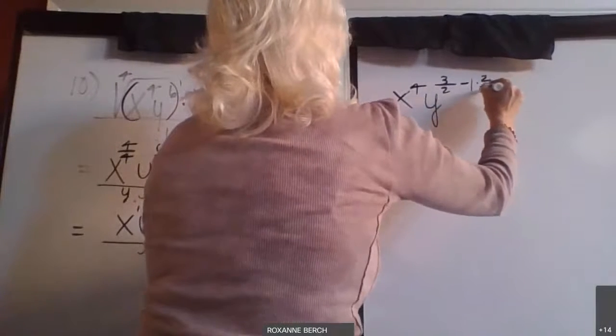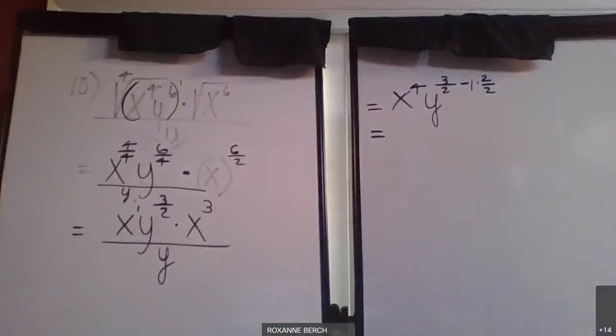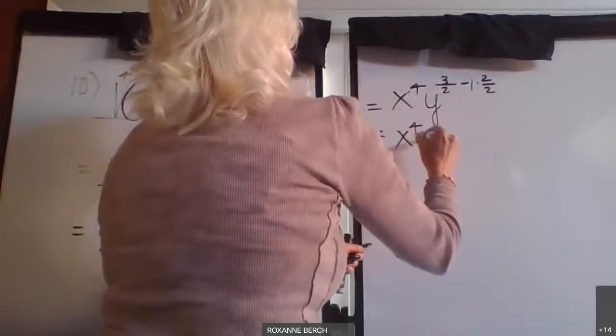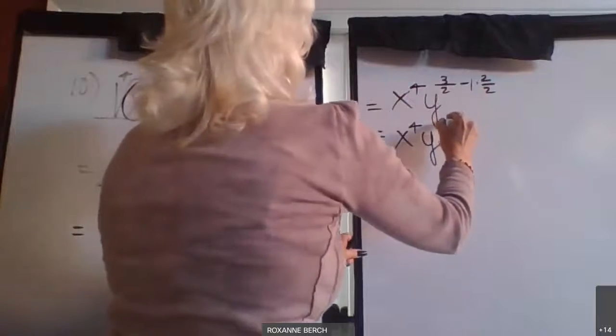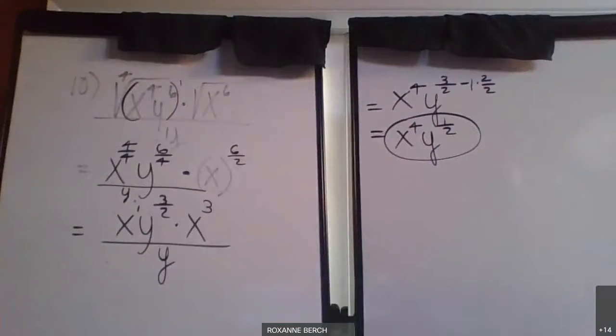Well, you're going to have to get a common denominator, right? So you end up with x to the 4th, and this ends up being 3 minus 2 would be 1/2. Did you follow that or no?